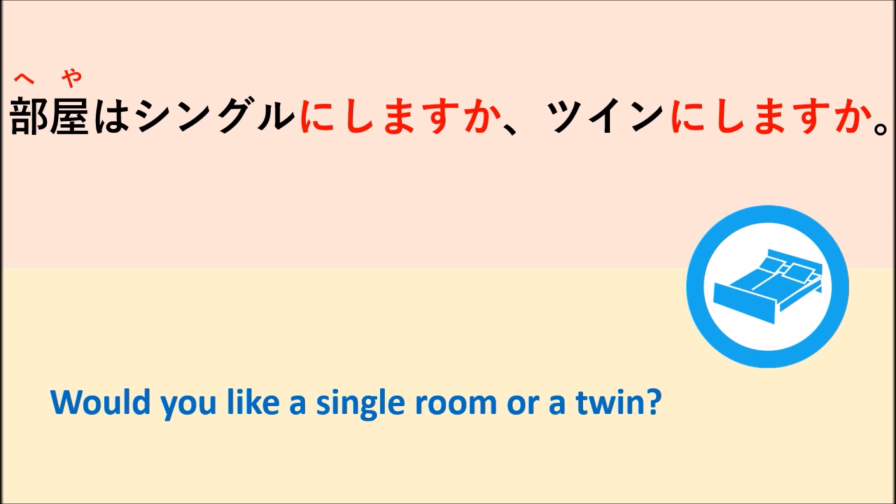For example, you want your friend to turn up the volume, and your friend's name is Tanaka-san. You can say Tanaka-san, oto o okiku shite kudasai. Okiku shite kudasai means please turn the volume up. Or oto o chiisaku shite kudasai, please turn the volume down.